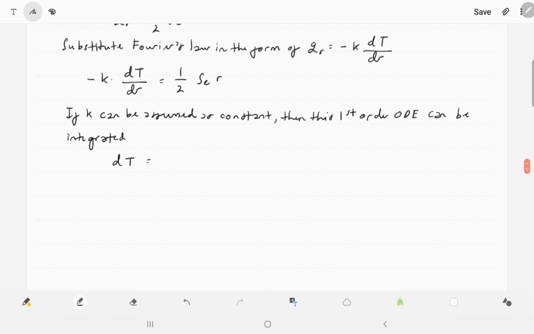So we can rearrange the terms in here, okay, and integrate.